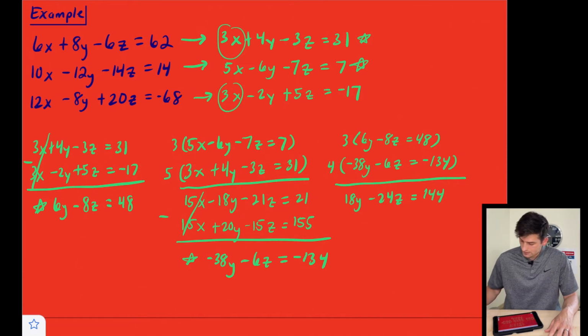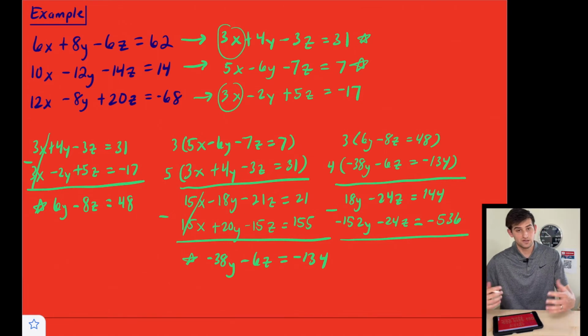And then we have 38 times 4. So down here we have negative 152y minus 24z equals, and 134 times 4, and we're going to get negative 536.